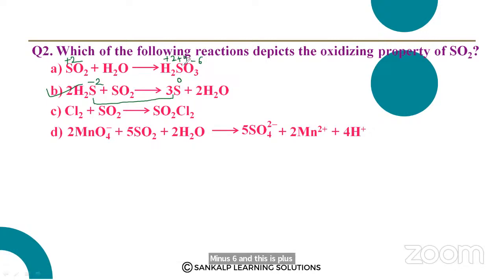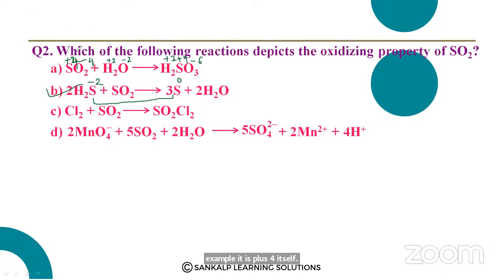Fine. So in the first example, the oxidation state of sulfur is plus 4, and in the product also it is plus 4.